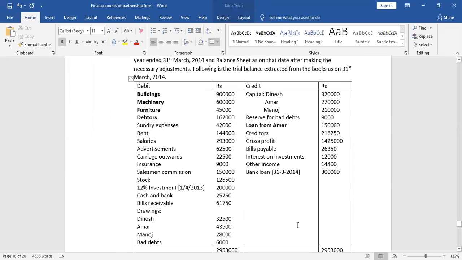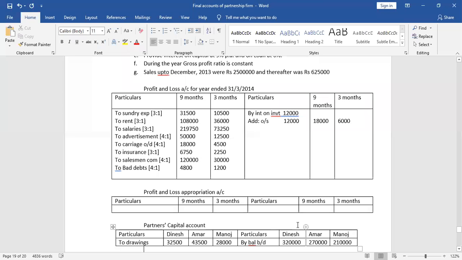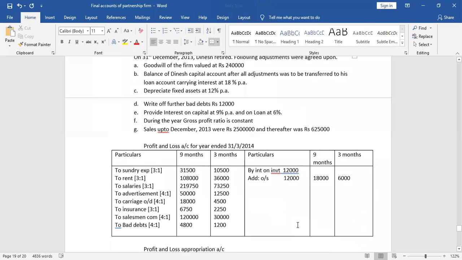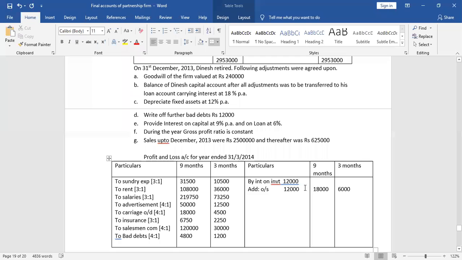After that we have reserve for bad debts. This is last year's provision. So we will show this last year's provision before retirement. On the credit side is RDD old. How much is the amount of RDD?